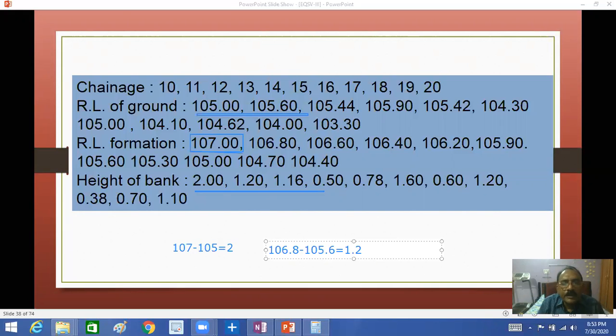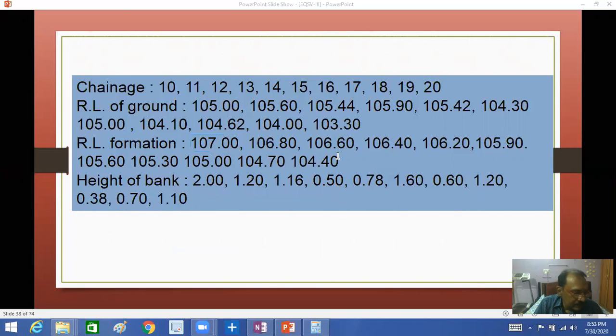This is D2. Similarly, subtracting the ground RL from the formation level, you will get D1, D2, D3, up to D11. Actually this is D0, D1, D2, D3, D4. Like that we have to calculate.